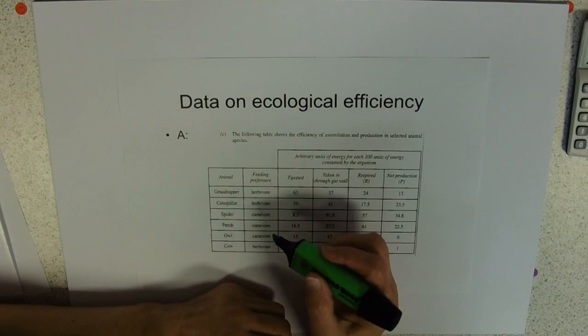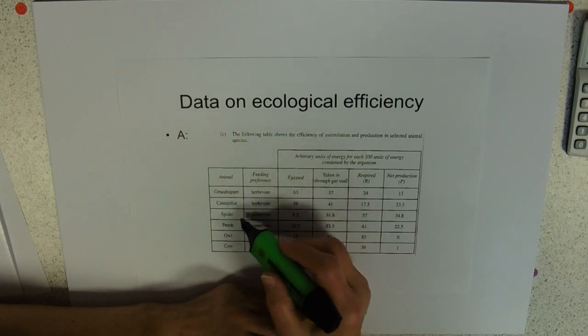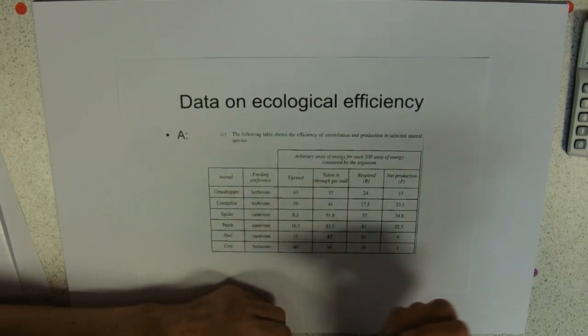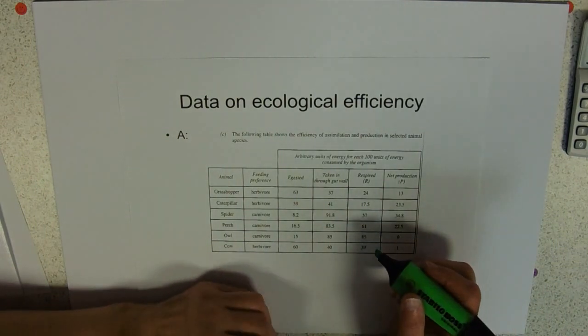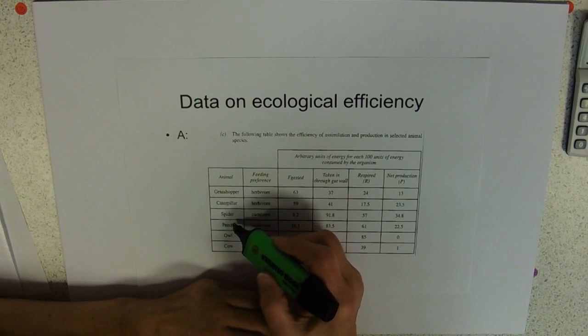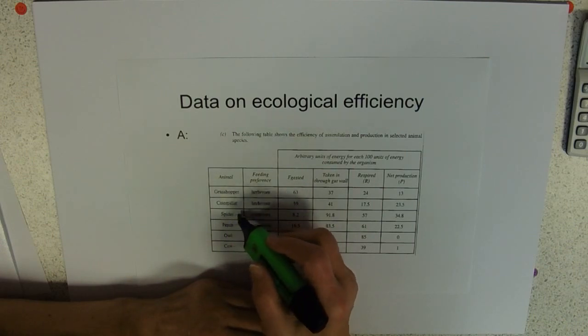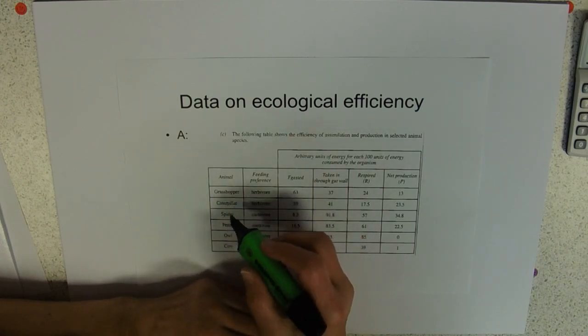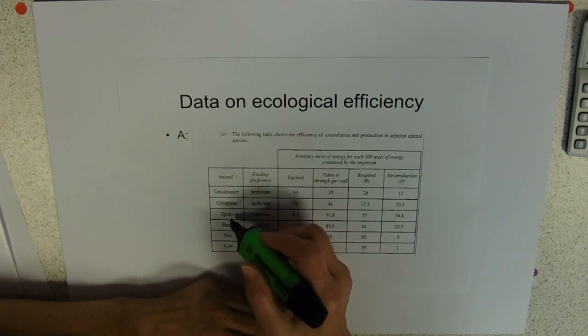So we've got our animals down here. We've got grasshoppers, caterpillars, spiders, perch, owl and cow. You're expected to know that the invertebrates are ectothermic.